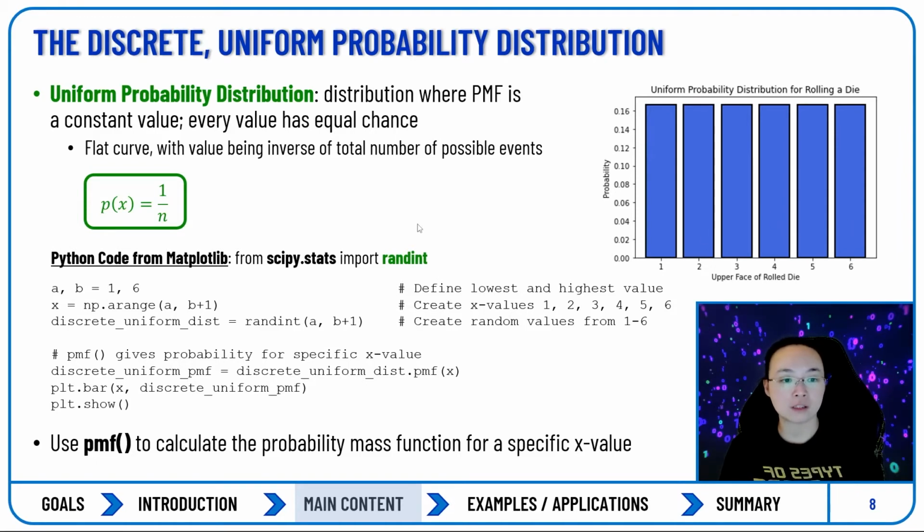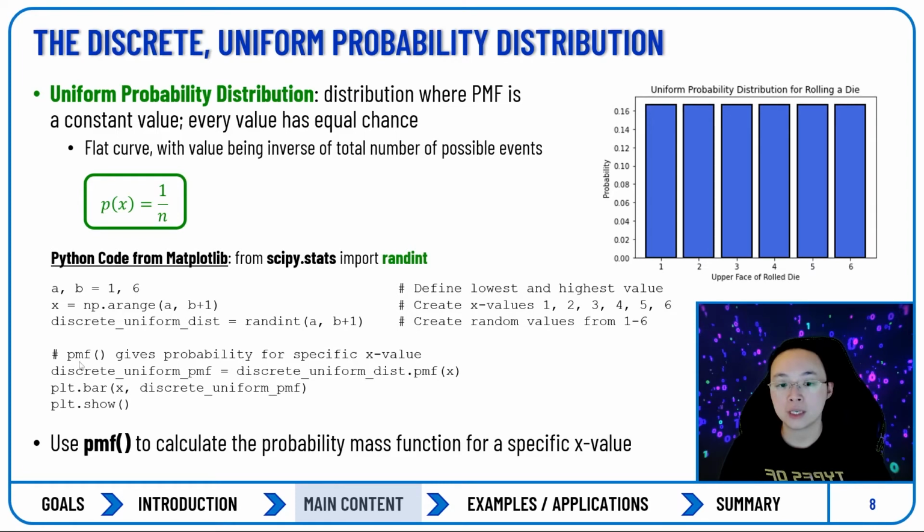So how can I create this graph or this histogram? We can set our first value and our last value to be 1 and 6. I'm going to say x is equal to a range of values from a to 6, inclusive, because I add the +1. Then I'm going to generate random values from 1 to 6, but I use randint from scipy.stats, and that gives me random integer values from a to b.